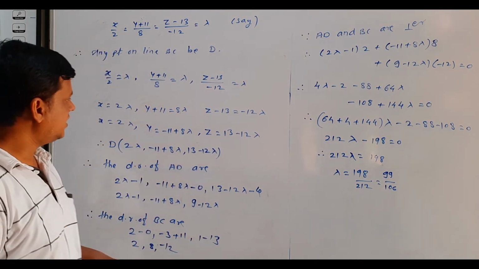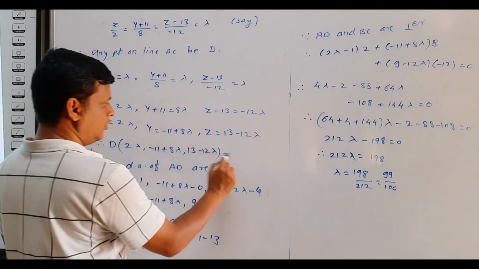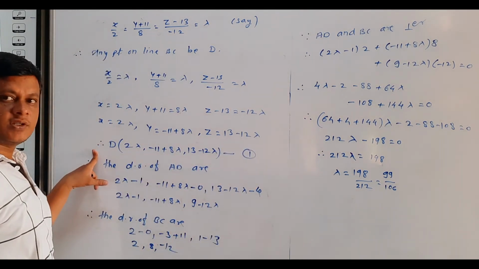When we substitute this value of lambda, we denote the coordinates of D as equation number 1.